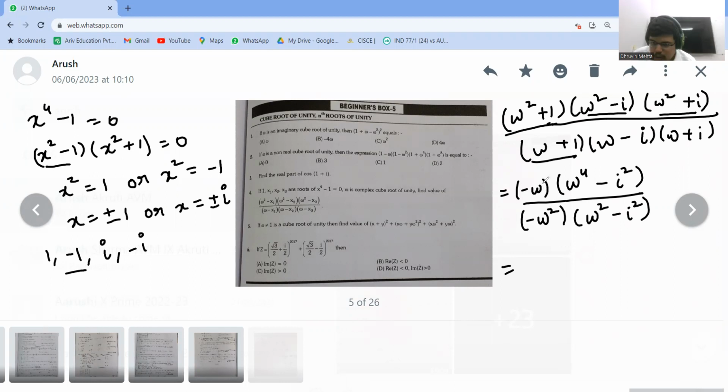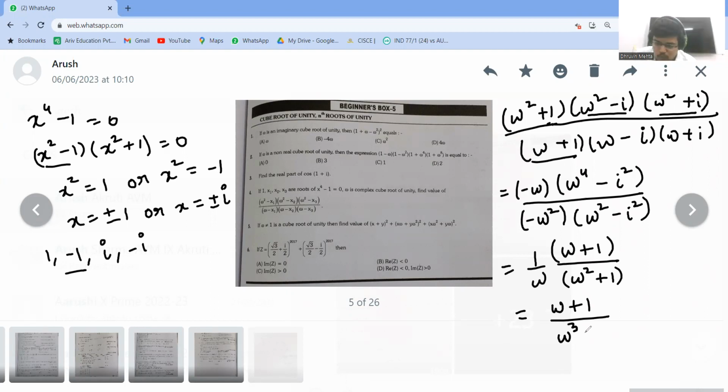Now the minus minus will cancel, one omega will cancel, so we will be left with 1 upon omega. This will be omega plus 1 and this will be omega square plus 1. Now we have omega plus 1 below. Let us expand the brackets, so omega cube plus omega will come, and omega cube is 1. So the top and bottom are the same, 1 should be our answer.